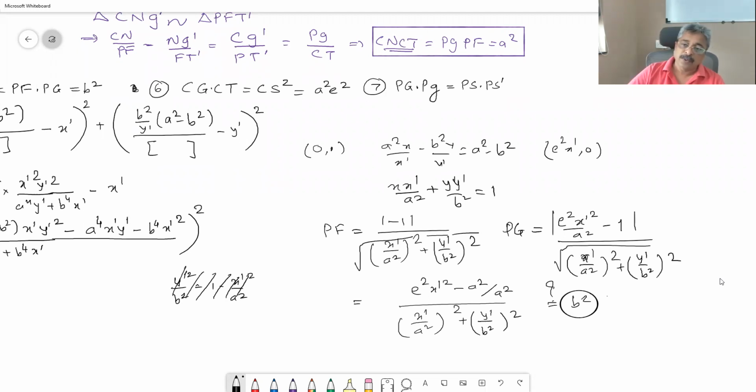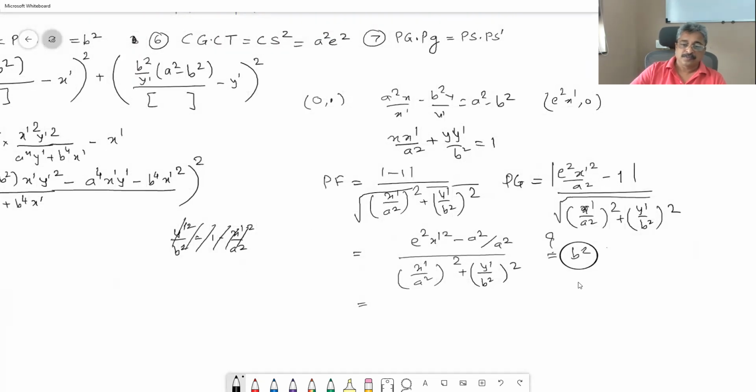Sir, so we can write y dash square upon b square as 1 minus x dash square upon a square. And the b square term will remain in the denominator, and we can use a square into 1 minus e square there. x dash square upon a4 plus you want 1 minus x dash square upon a square into 1 upon b square. Yes, sir.